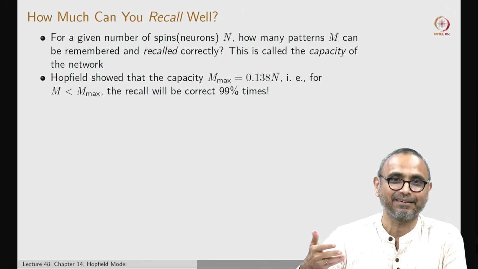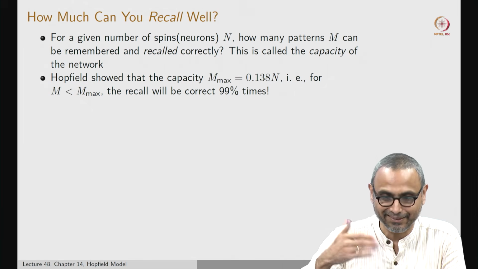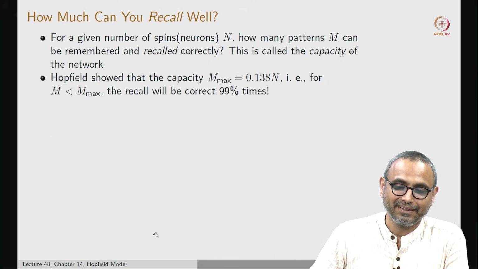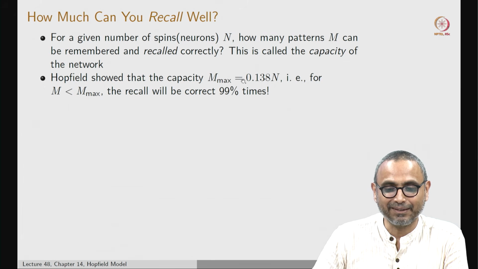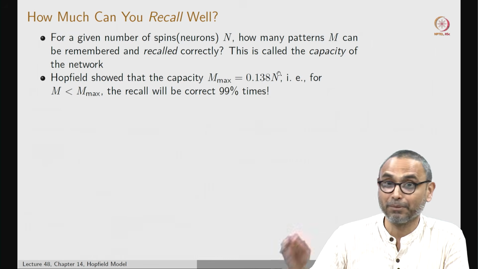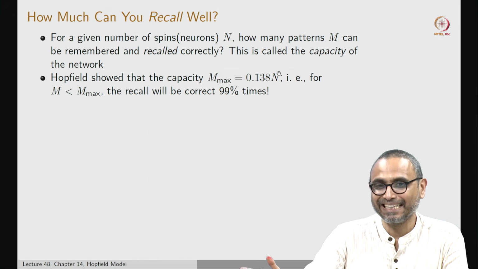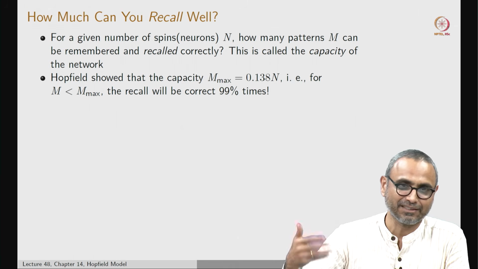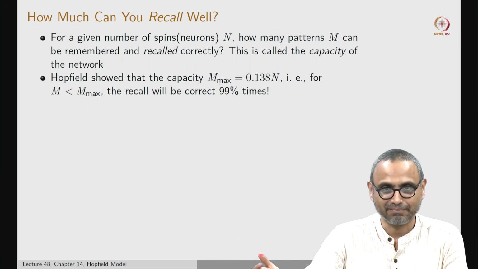Reliably, you can say 99% of the time it should get some pattern that you have remembered. It turns out that the maximum number of patterns it can remember is something like 0.14, about 14% of the number of spins. If you exceed this, it can just do random things and it will not be a reliable memory. So that is the capacity.